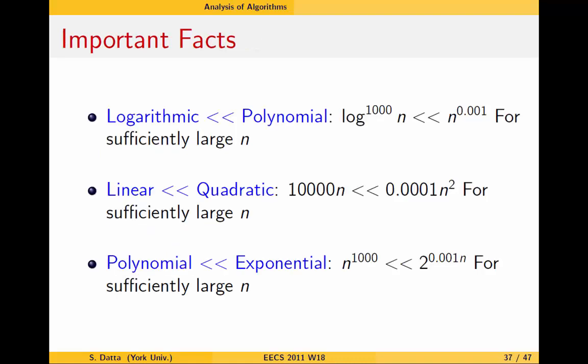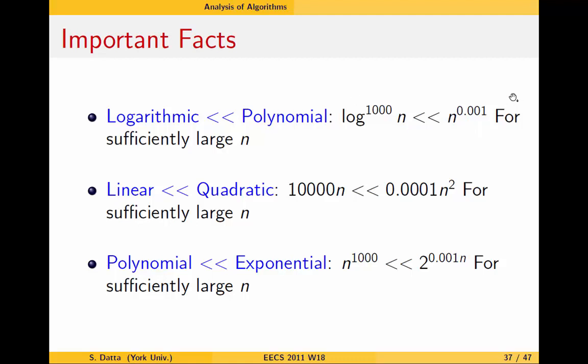Okay, I'll stop here after this slide. Very simple things you should remember, even after you've forgotten the formulas. Logarithmic functions always grow slower, much slower, but slower than polynomials. Linear functions much slower than quadratic, and polynomials are slower than exponentials. So just as an example, you can take log n, raise it to a huge power, and compare that with n to the power very small number.